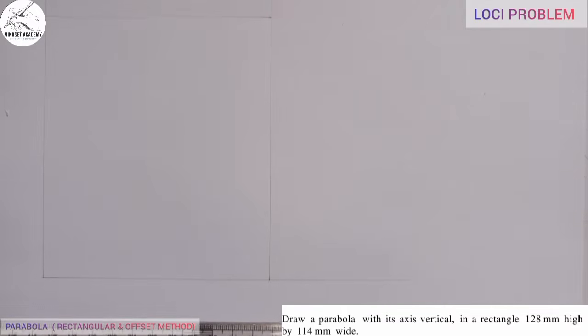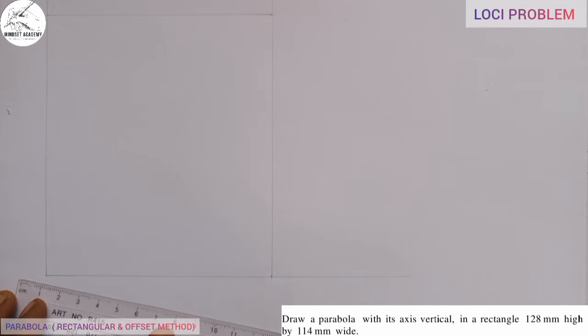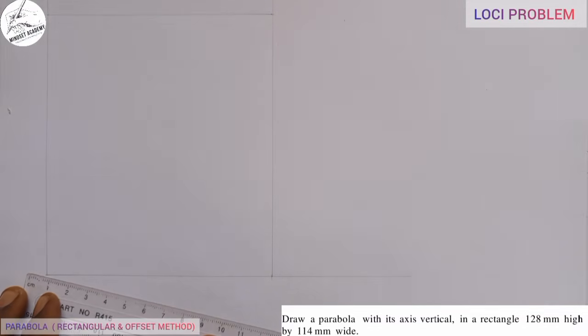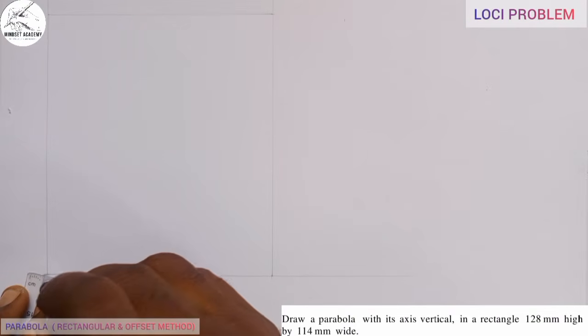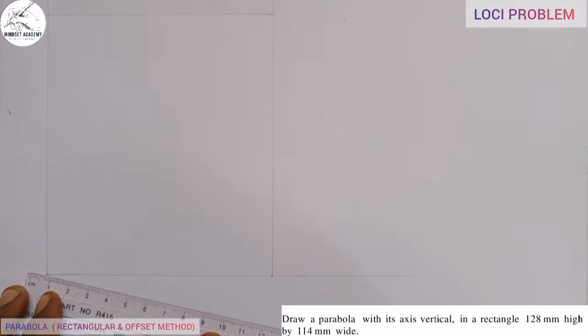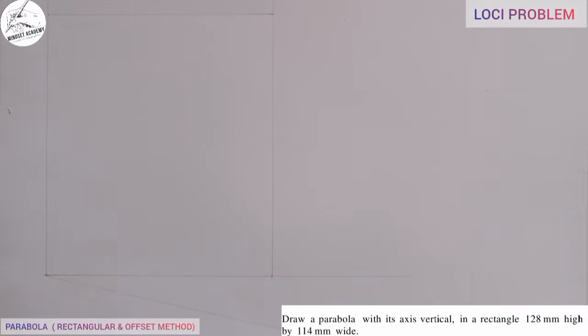I'll divide it from the base here, using my line division method. So I'll draw a horizontal line this way, and an inclined line at any given angle this way. Another line, I'm going to mark 8.